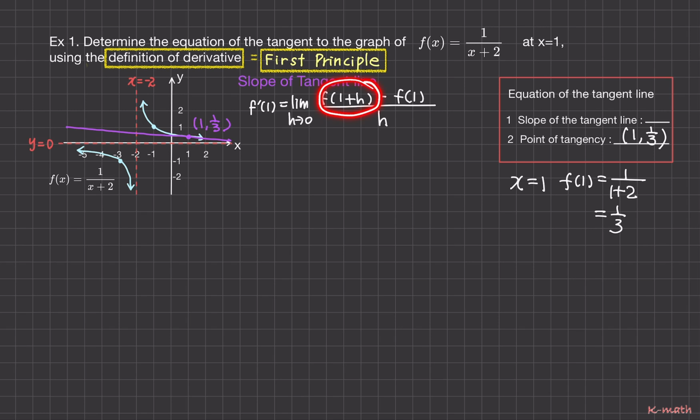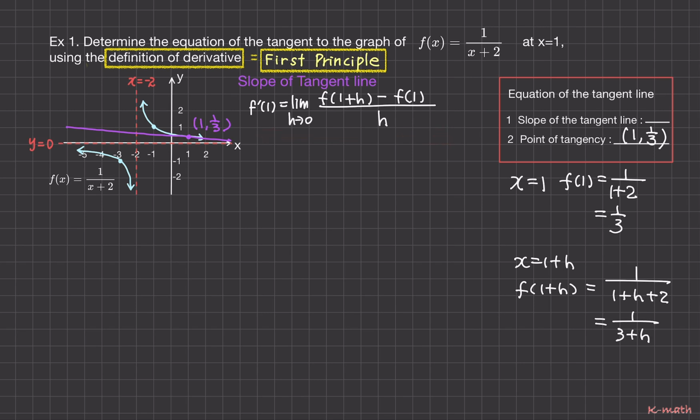For f of 1 plus h, just replace x with 1 plus h. When x equals 1 plus h, f of 1 plus h is 1 over 1 plus h plus 2, which equals 1 over 3 plus h.